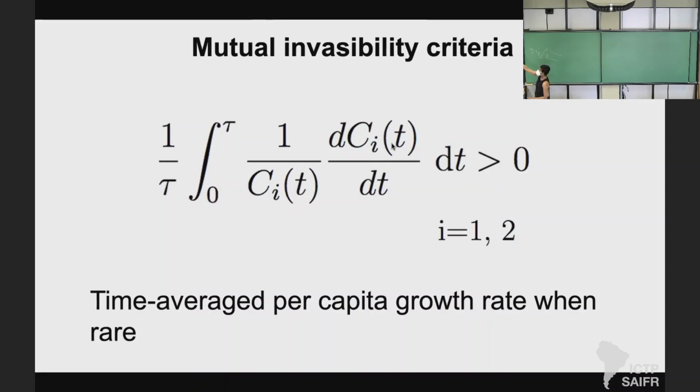Now I'm just saying here, we take the time averaged per capita growth rate of the species when rare. The only difference is now we are taking an average over the year, since each day of the year is now different, and we are taking that into account. You're happy with that? Yeah. So if you see an integral, do not worry. That's all we are doing, okay? We're just taking the average over the year.